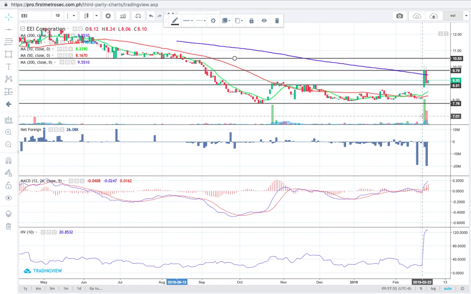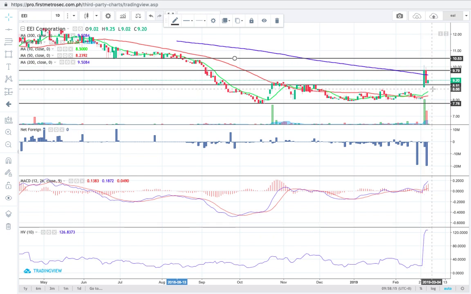My overall sentiment on EEI is that it might just move sideways. So it's still a neutral sentiment. Although it made it to the top loser as of February 27, I don't have an ultimate bearish sentiment on EEI. I am neutral on EEI.